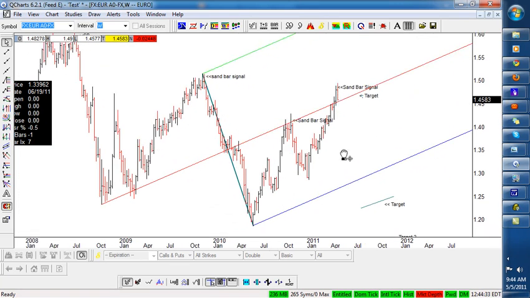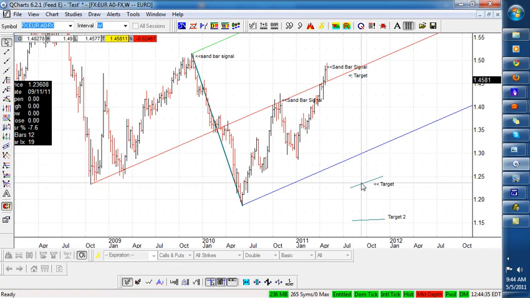Okay, so anyway, as we get to here, this area here is going to give you what I call a target reversal area. Those of you that are in the Babson course will immediately be able to draw your lines and say, yep, target reversal area here. In other words, if prices come to this area here and reverse, then that's a signal. Okay, whereas down here, let me show you what's down here.